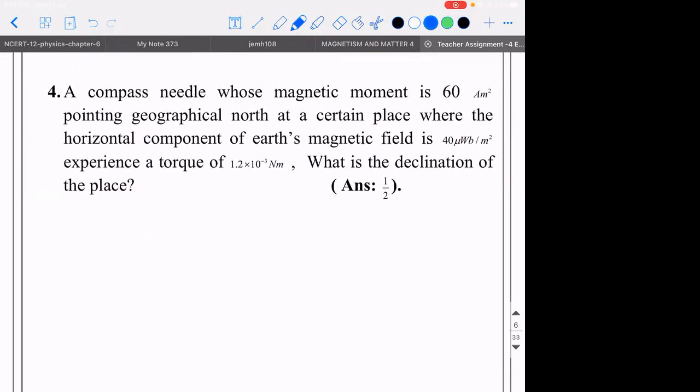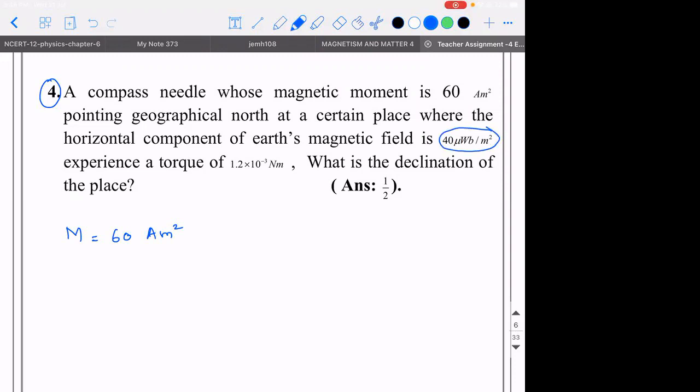Okay, let's try this. This is a slightly hybrid question, a combination of two concepts. There is a compass needle whose magnetic moment is 60 ampere meter square, pointing geographical north at a certain place where the horizontal component of the Earth's field is 40 micro Weber per meter square.